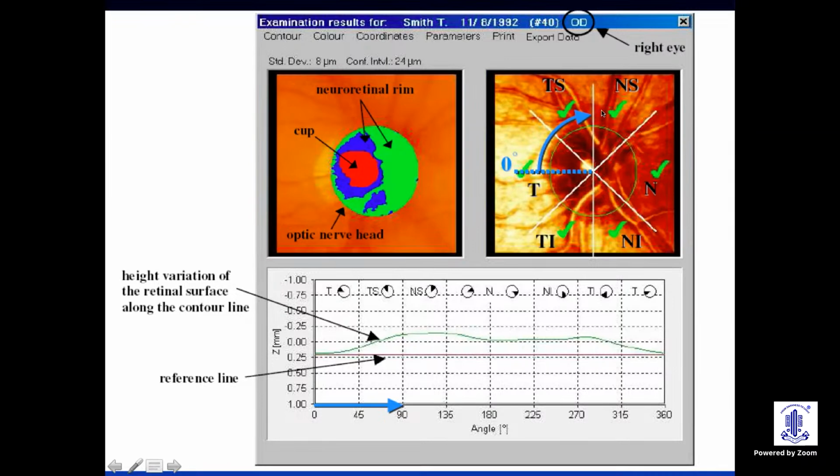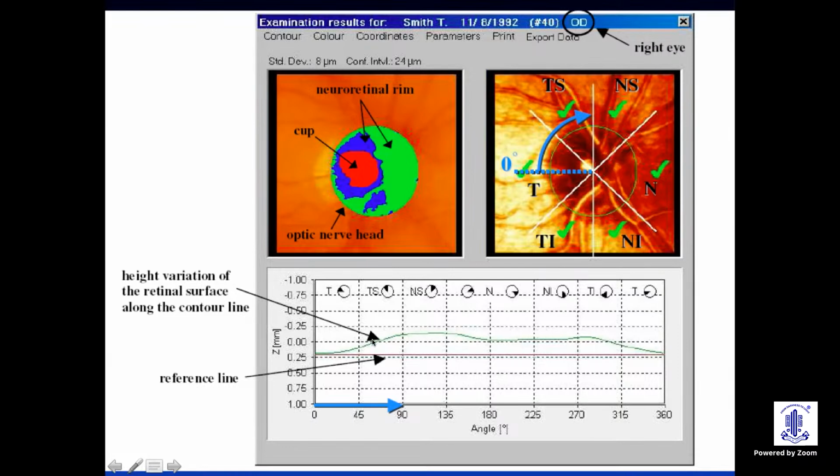And all of the ONH sectors here are marked with green check mark, signifying that they are within normal limits based on Moorfield's regression analysis. At the bottom of the figure is a graph which depicts the surface height along the contour line. So this is the reference plane.